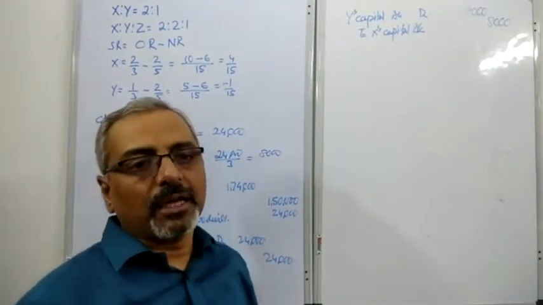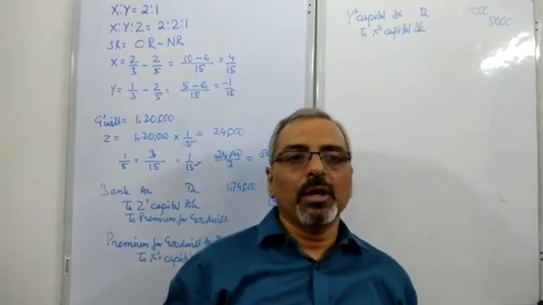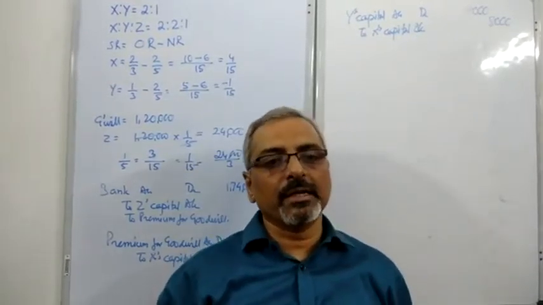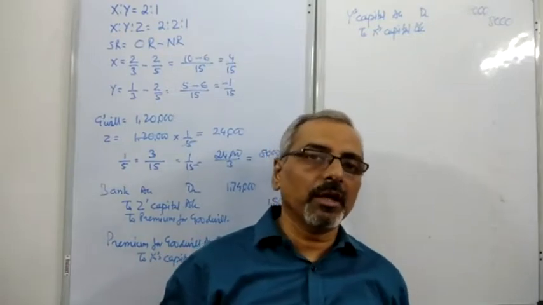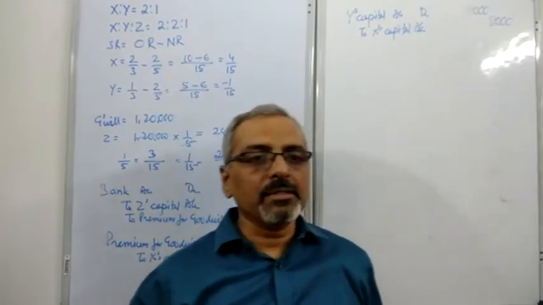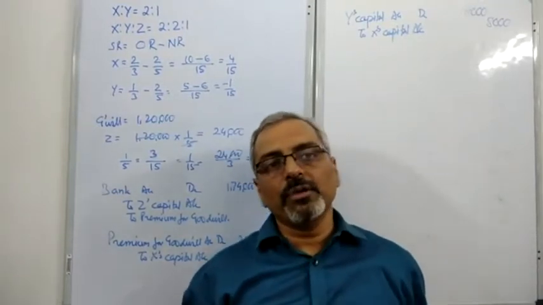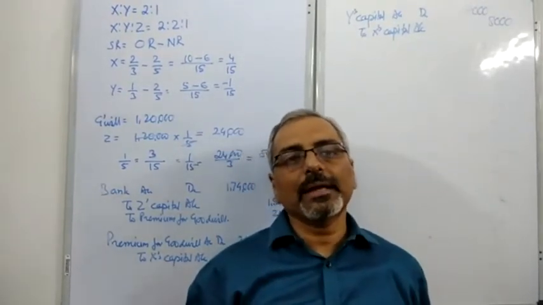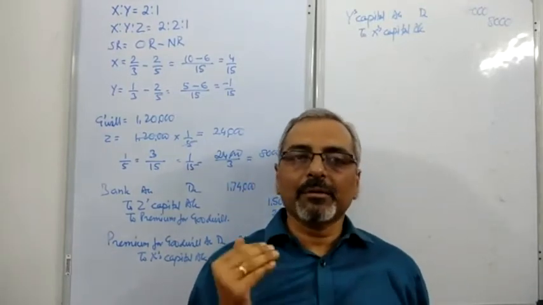Now after that, let us see what are the various things which have been revalued. The question has very clearly stated that the market value of investment is 1 lakh, and if you see very carefully, there is an investment fluctuation fund of 15,000 and the value of investment given in the question is 1,06,000. Now the market value of investment is 1 lakh. That means what?